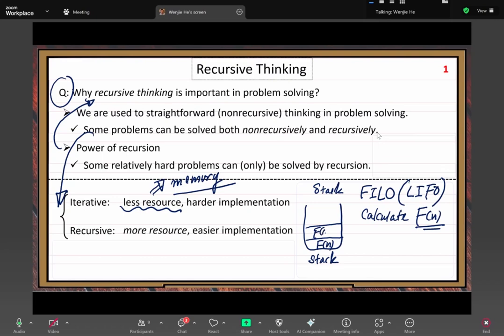It could be n minus 1; here I just show you the idea. But f of n minus 1 is still unknown, so we delay the calculation. How do we delay? Push it into the stack. We hold it.